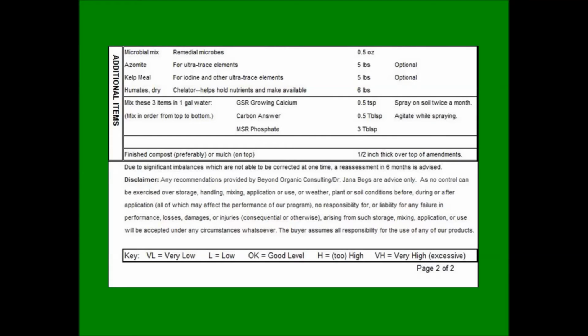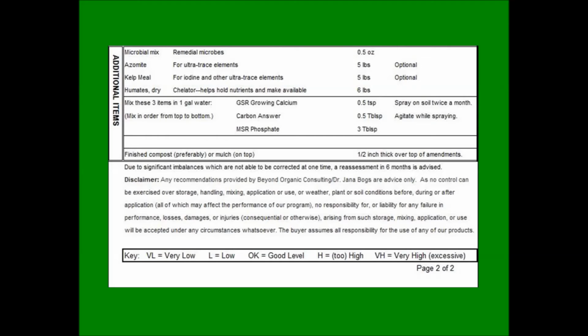Here's the final section at the bottom of page 2, the additional items. Usually I'll recommend someone add a microbial mix. And these microbes are very important for your soil. They make the soil nutrients available to the plants. Then generally I'm also going to emphasize having some sort of ultra trace element mixture that's added, something like azomite or kelp meal.